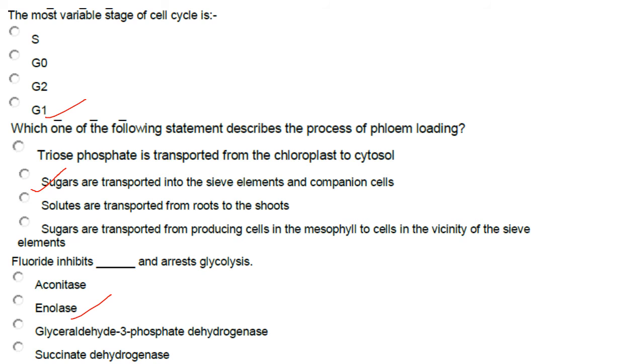So option D, if you see, sugars are transported from producing cells in the mesophyll to cells in the vicinity of sieve elements. So it is incorrect because it is given vicinity of sieve elements, whereas it has to be to sieve elements. And in case of option B, if you see, sugars are transported into sieve elements and companion cells. So that is more correct. So answer is option B.